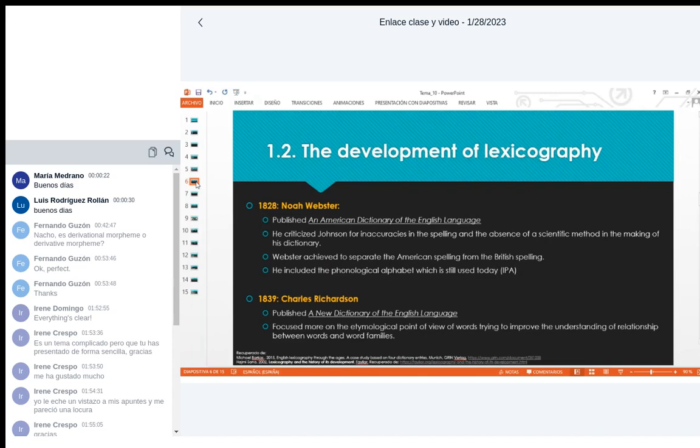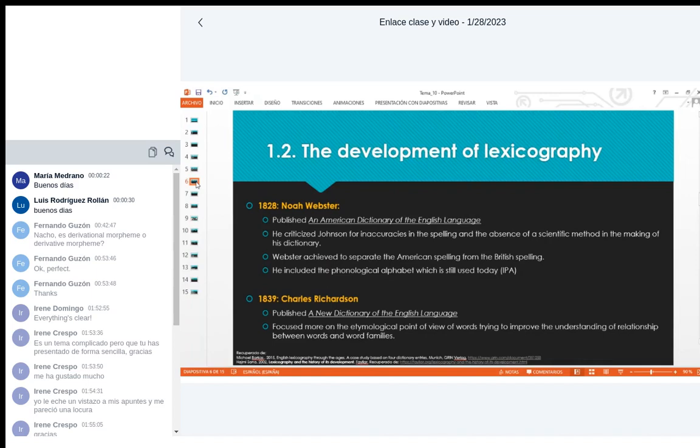You know that English has many words where the letters are not pronounced, and so what they did was to ease the pronunciation by eliminating or just trying to modify some spellings, so to make things easier to understand, to learn. Now, something also Noah Webster included was the phonological alphabet, called nowadays the IPA, the International Phonetic Alphabet.